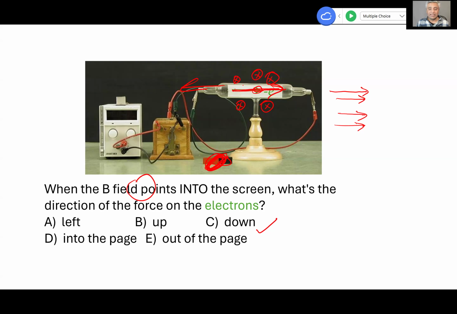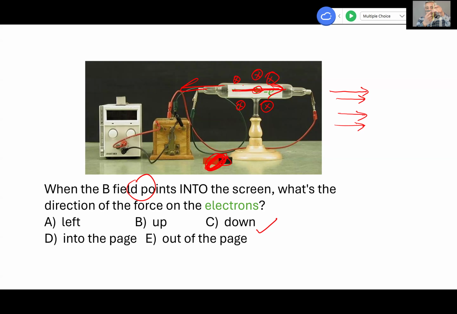The force is always perpendicular to both V and B. That becomes three-dimensional. For example, let's say I have a B going like that, and a positive charge is moving down. Then the force is going to be either this way toward the screen, towards you, or towards me, perpendicular to both of them.